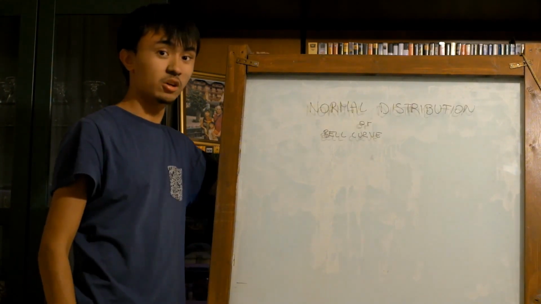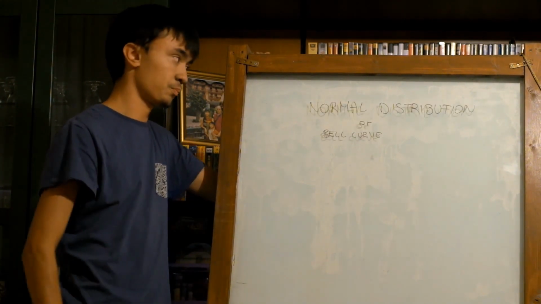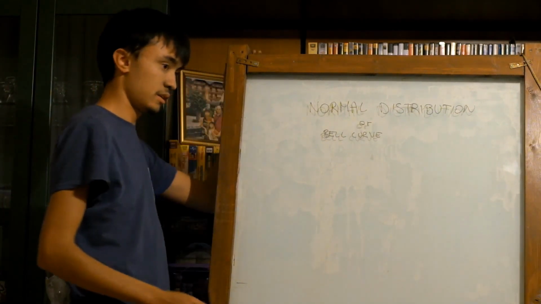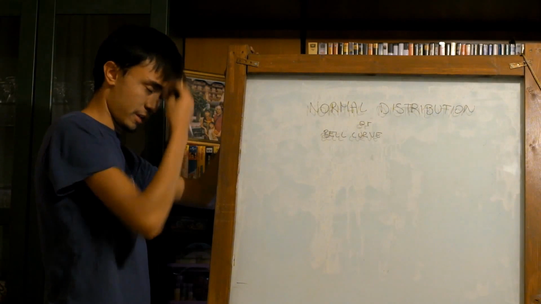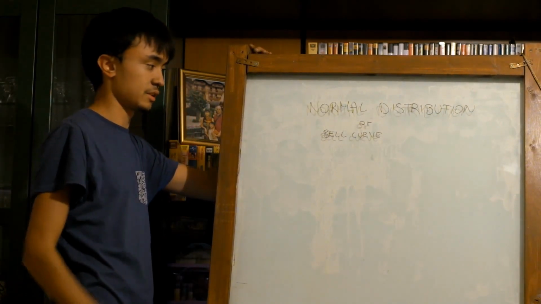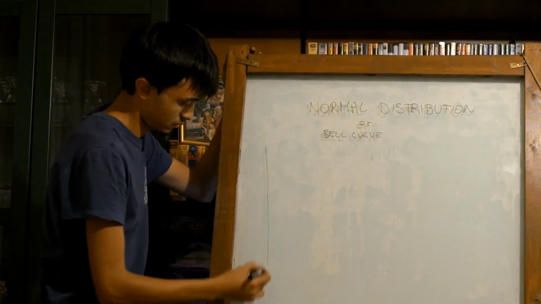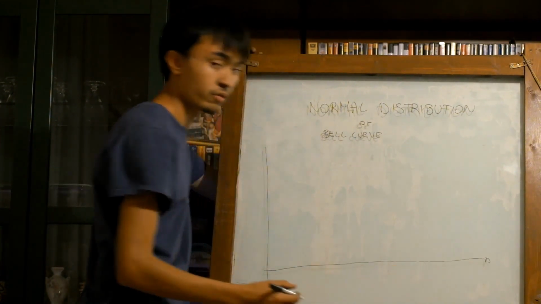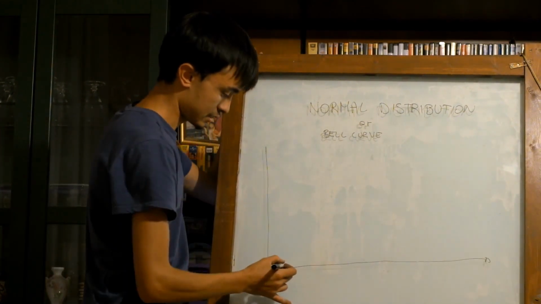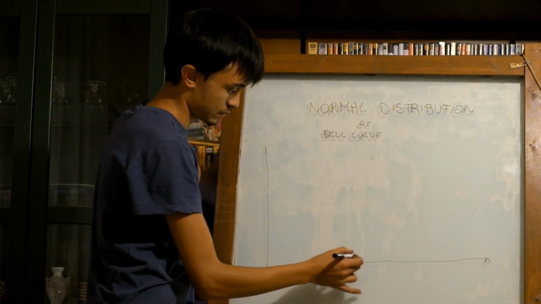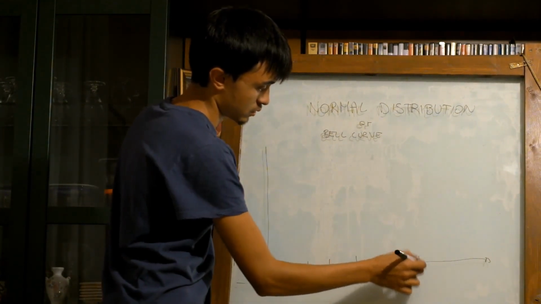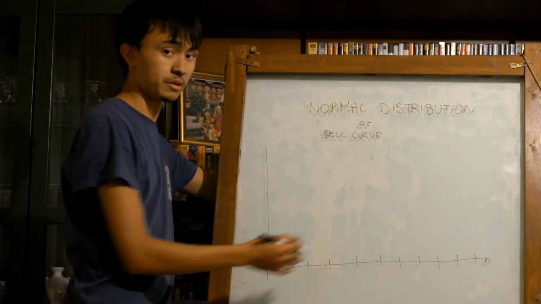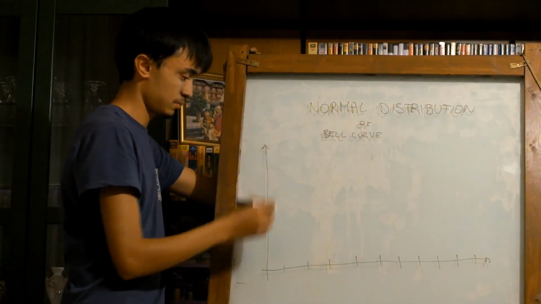Now I'm ending this talk with a few words on a graph, the normal distribution or bell curve. It is the most common and also most popular curve in statistics. It is a histogram with the different values on the horizontal axis and the number of times they appear on the vertical axis.